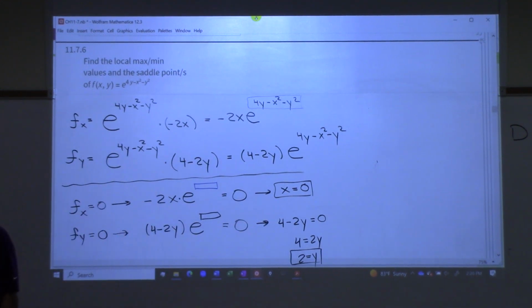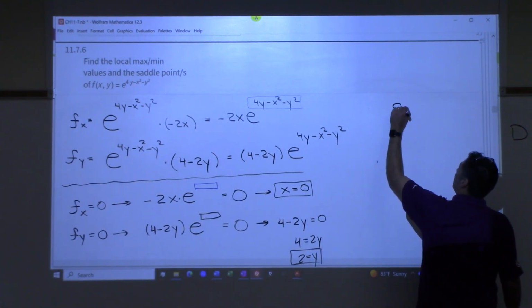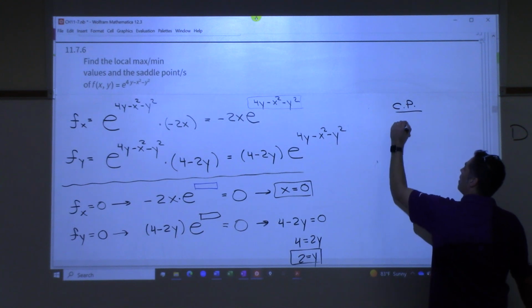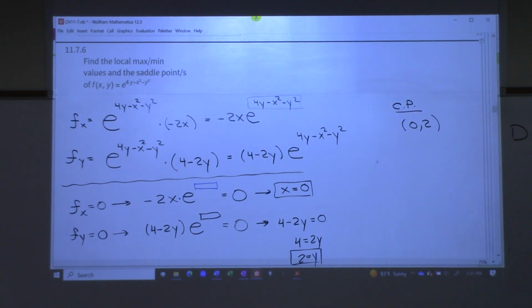So there's only one value of x and one value of y that make it true, right? That's the pimple, the actual point for the pimple. We don't know that yet other than looking at the picture. But our critical point, I'm going to put CP for critical point. Our critical point is x is 0, y is 2. That's what I have to calculate capital D of.